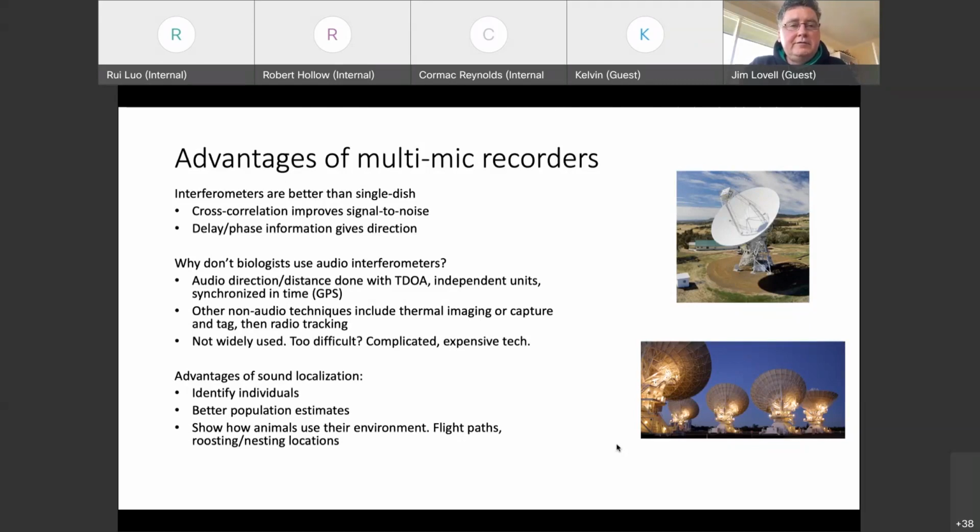And the delay and phase information gives you a direction to the source that you're looking at, and you can map it. So why don't biologists use audio interferometers?